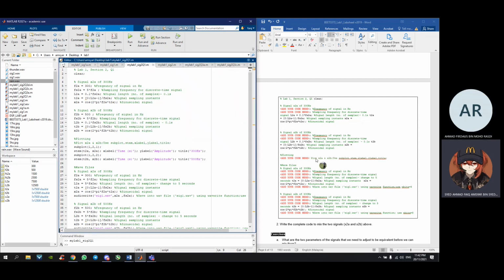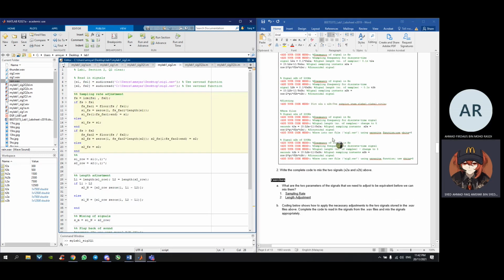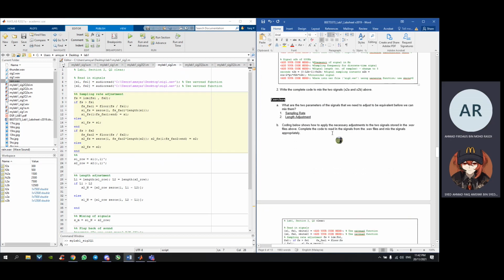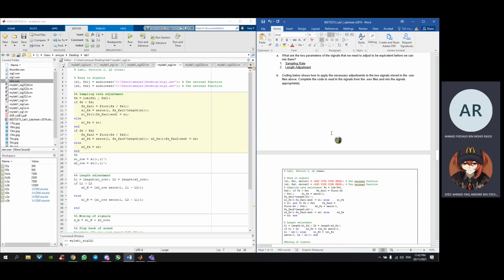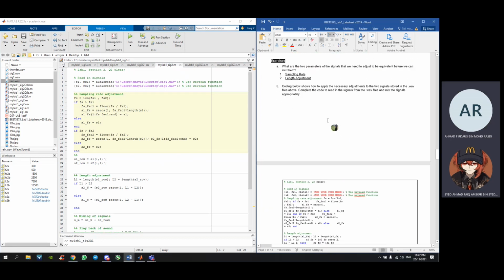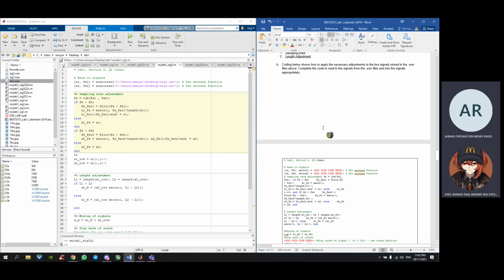Next we are required to include the sound, where I put signal 1 dot wav as sound 1 and signal 2 dot wav as sound number 2.